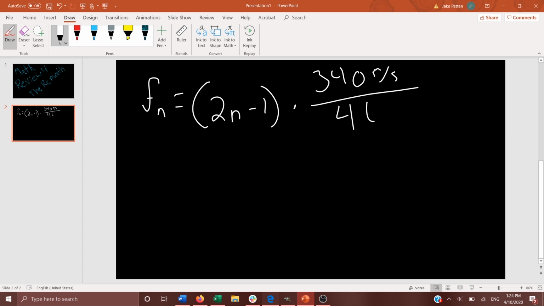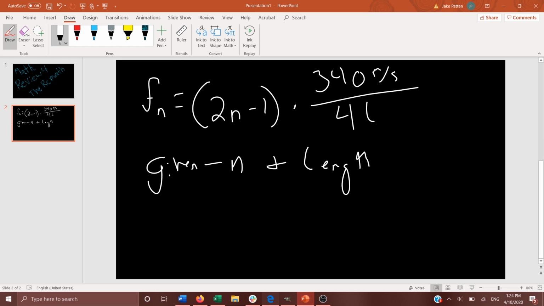And often what we're given here is the harmonic you want to look at. You're given the n, and you're given the length of the tube.